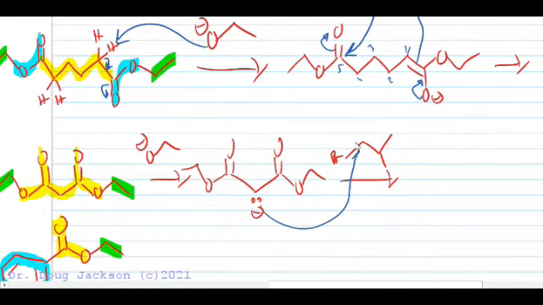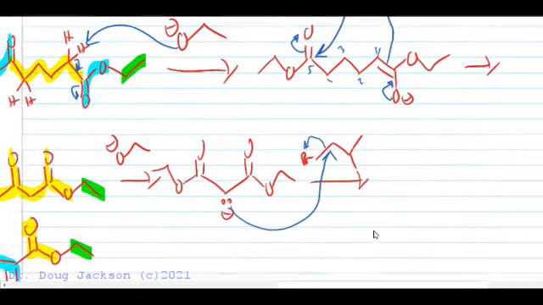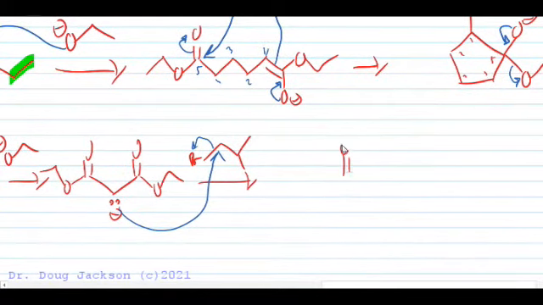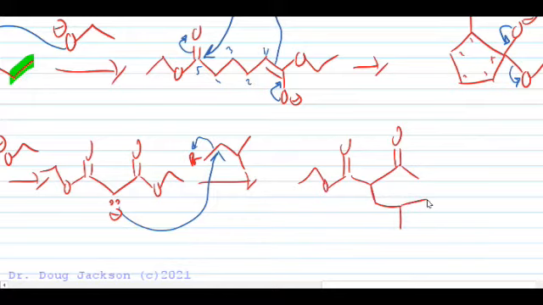Substitution reaction here, and we get our product. See, I missed a carbon. Let me add that carbon back in. We've got to have the alpha carbon, but then we've also got to have all 4 of these.